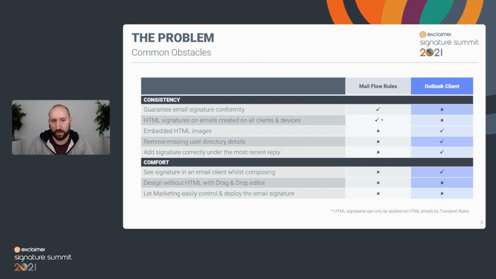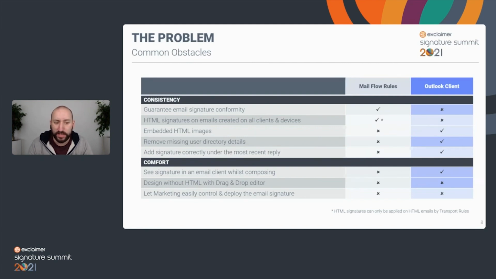apply them during mail routing, or else they'll use the Outlook client and the native settings there to do similar. Both have issues concerning consistency and issues when it comes to actually getting those signatures comfortably in place.